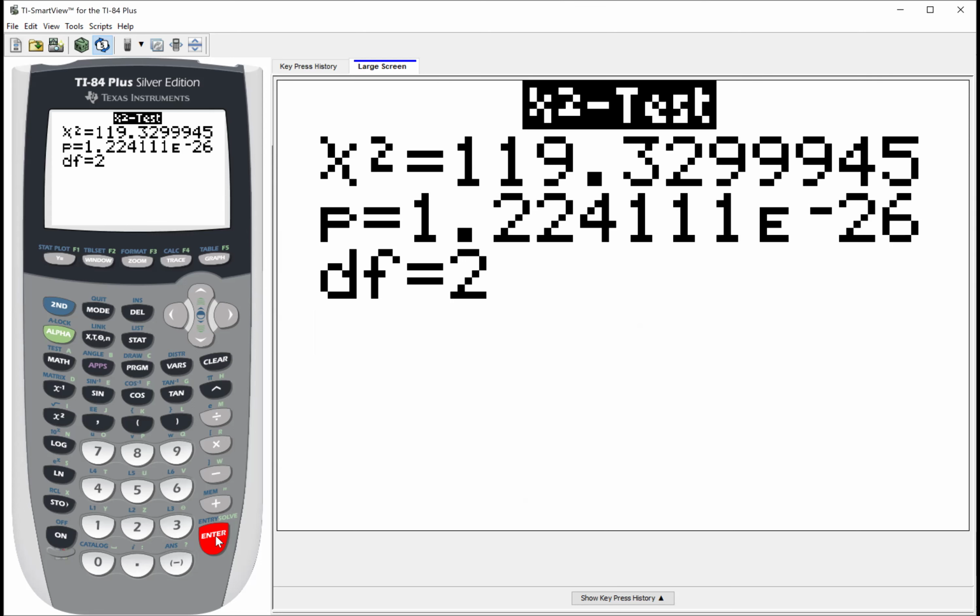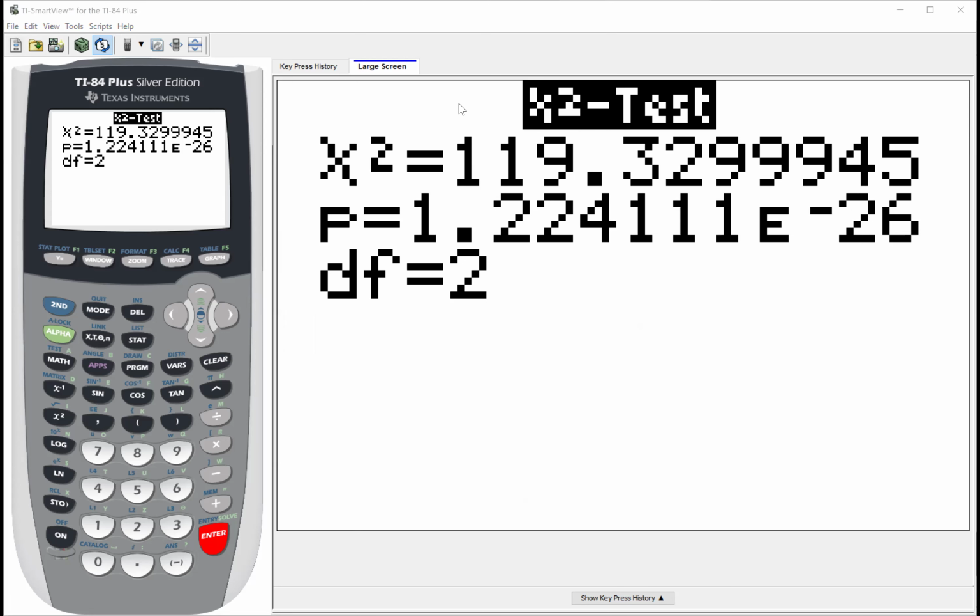In this case, it's 1.22 times 10 to the negative 26 power. So we have to move the decimal place back 26 places. So we're going to have 0.00000, 25 zeros, and then the 1.22. So this is approximately 0. This is a very, very tiny p-value.